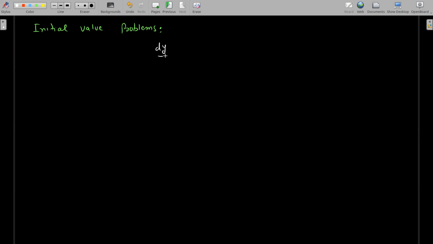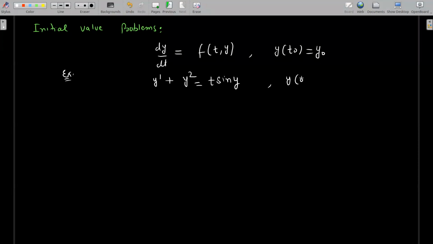So what I am going to take in this chapter, I am writing dy by dt equals to f of t, y with one initial condition. For example, I have this equation like y dash plus y square equals to t sine of y, and y0 equals to 1.